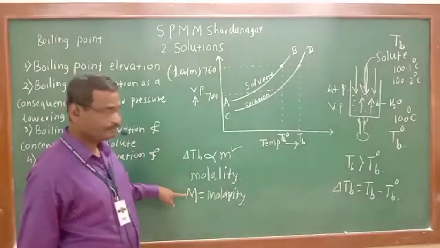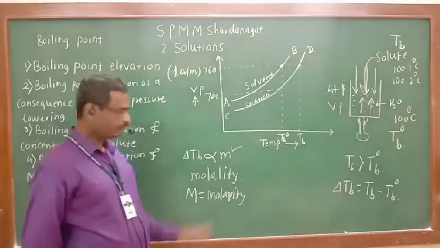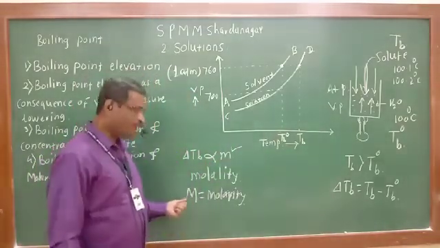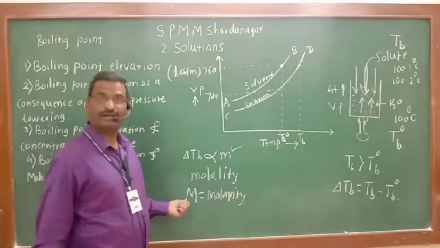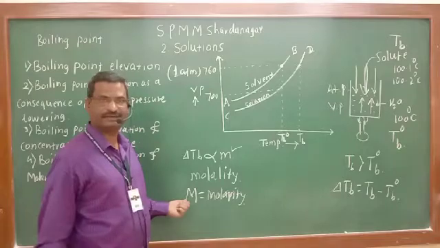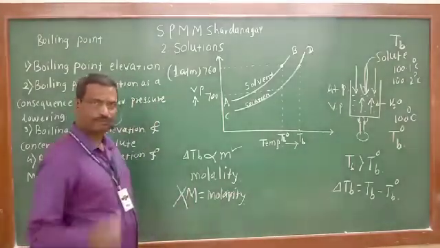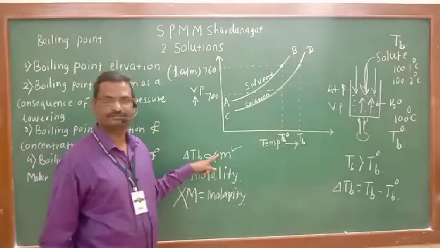Why? Because we are studying the systems in which temperature changes, and molarity depends on temperature. Molarity changes with change in temperature. Therefore, this cannot be used. But what about molality? This is always constant.